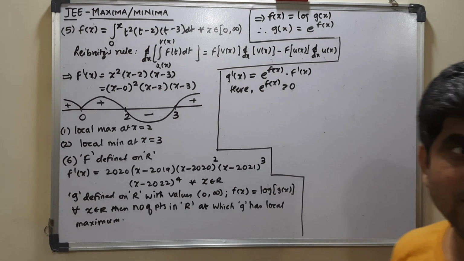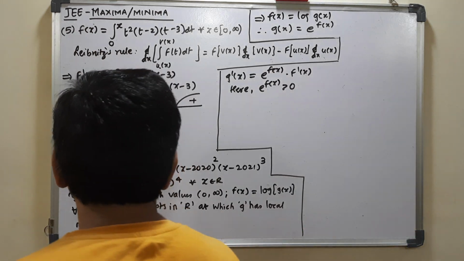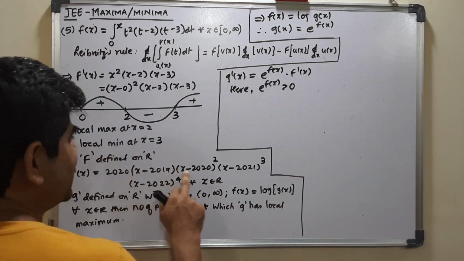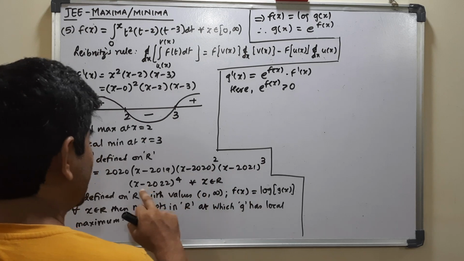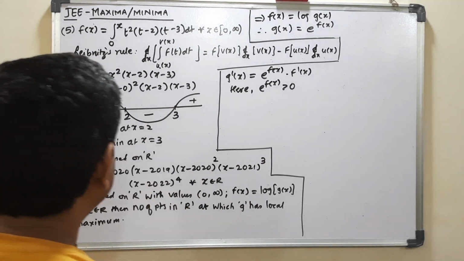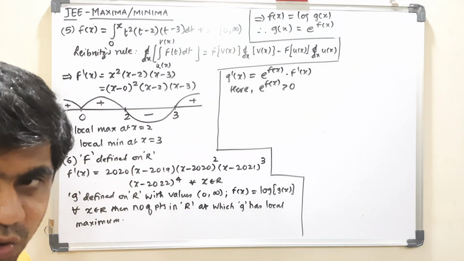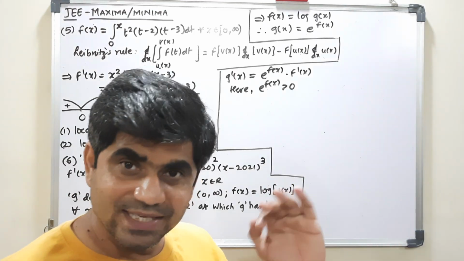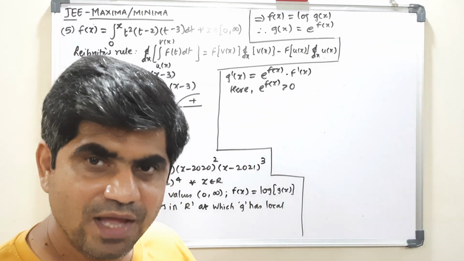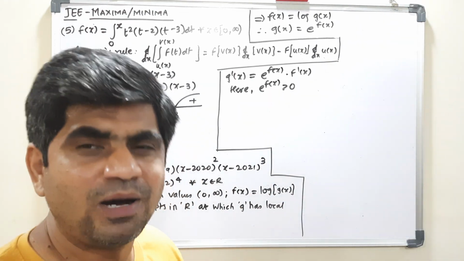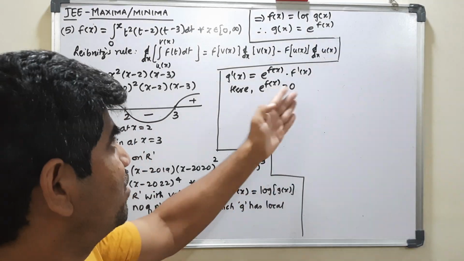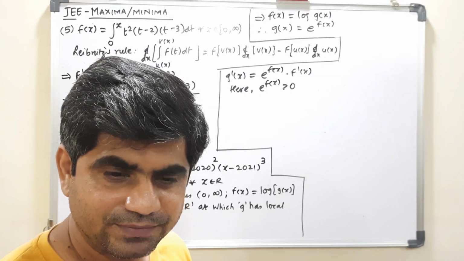So f dash x we will see here, f dash x is already known to you. As I said, the behavior of f dash x, meaning maximum or minimum of f dash x, will be the maximum or minimum of g dash x, right?